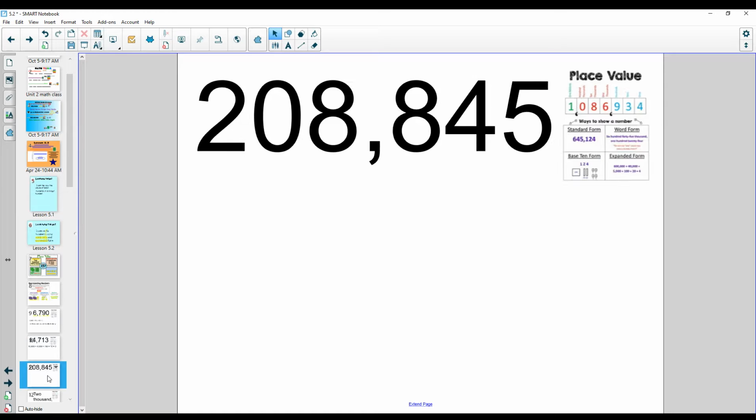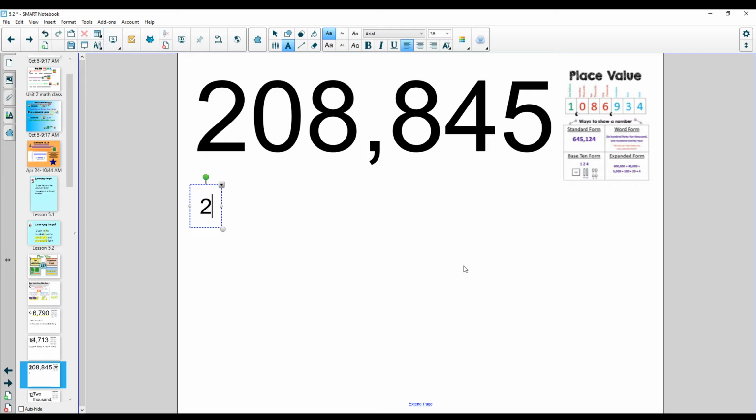All right, let's try another one. Here we have ones, tens, hundreds, thousands, 10,000s, and 100,000s. Let's practice saying this number. We have 208,845. All right, let's do our expanded form. We have 2.